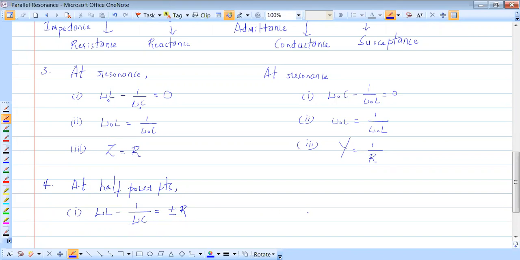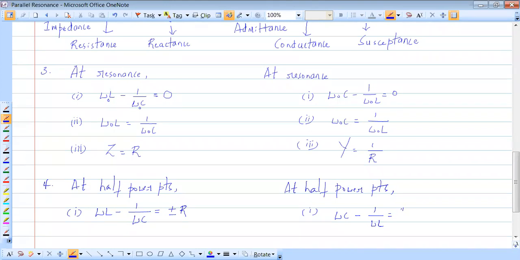Okay, so what I can write here on this side at half power points, in parallel: omega C minus 1 by omega L would be equal to what?